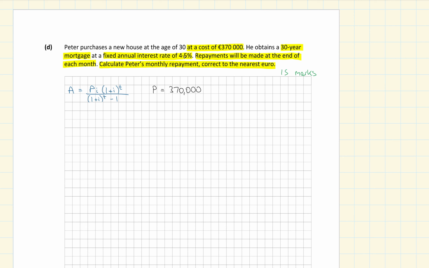Interest rate, we have a little bit of work to do. He's making monthly repayments, but we were given the annual rate. T will be 30 by 12, which is 360. Okay, so we get 1.045 will equal (1 plus r) to the power 12.